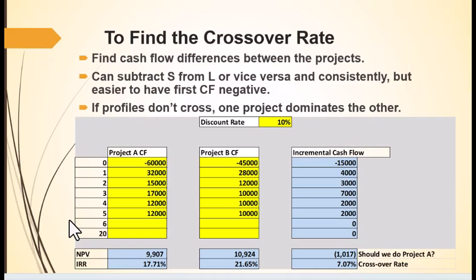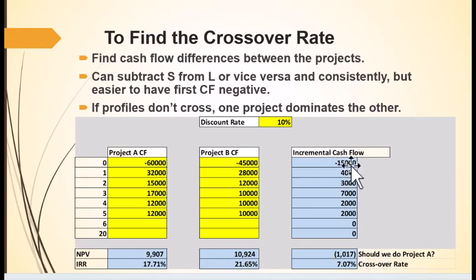To find this crossover rate, we have a worksheet that will help us do this. Again, the crossover rate for our two problems here basically is 7.07%. So what this worksheet tells us is, look, 9,000 is the net present value, 10,000. Here are our numbers for our projects.